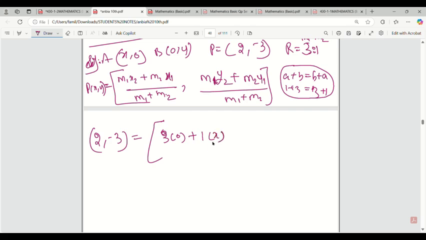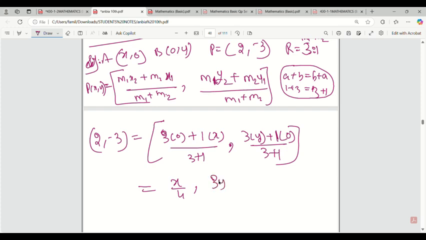Plus m2. What is m2? 1 into x1. X1 is x divided by m1 plus m2, which means 3 plus 1, comma y2. Y2 is 3 into y plus m2. M2 is 1 into y1, which is 0, whole divided by 3 plus 1.